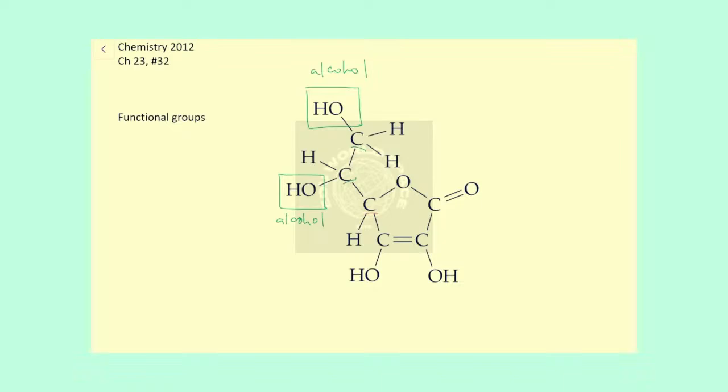So this is an alcohol group, this is also an alcohol group, okay? And then moving on to our last carbon right here, we see that this is actually part of an ester right here, right?